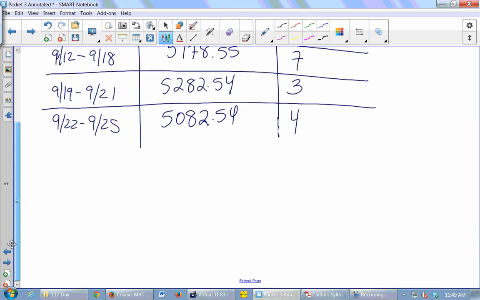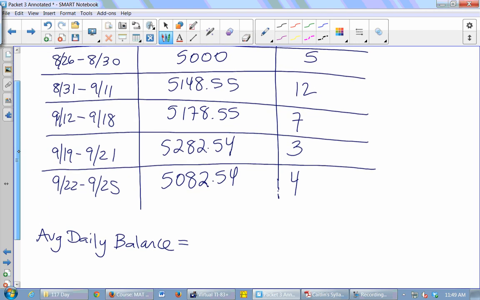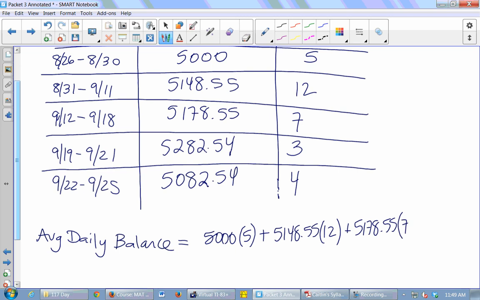All right, so I've got to calculate my average daily balance. It's 31 days, yep. So I have to multiply my balance times the number of days I carried that balance. So I have $5,000. I carried that balance for 5 days. And then $5,148.55, that was my balance for 12 days. And then $5,178.55, that was my balance for 7 days.